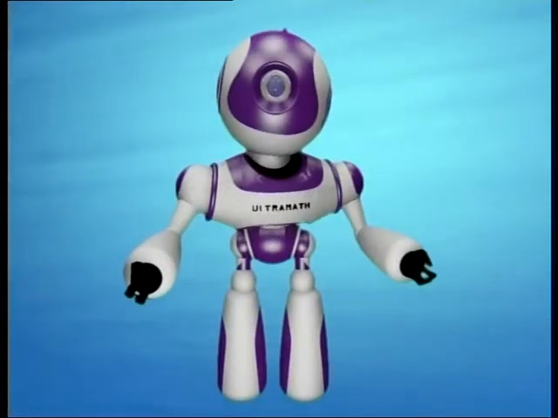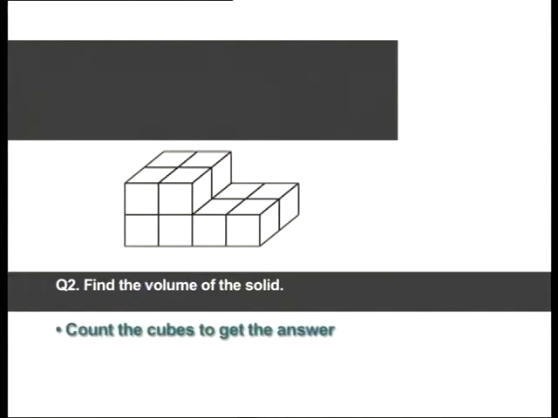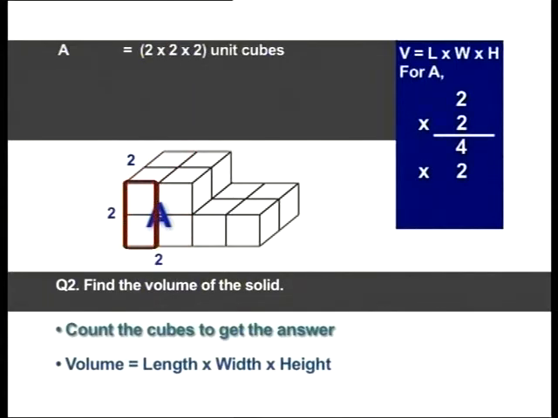Find the volume of the solid. For this kind of shape, we divide it into two simple shapes. A has 2 unit cubes of length, 2 unit cubes of width, and 2 unit cubes of height, which is equal to 8 unit cubes.